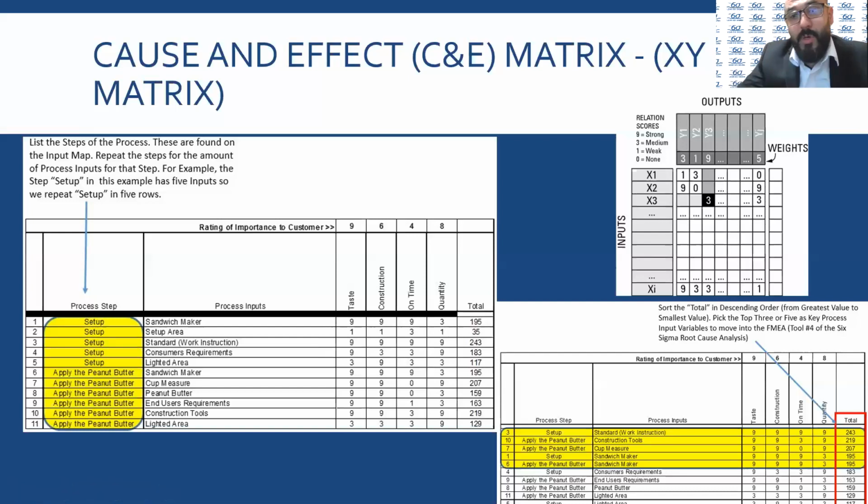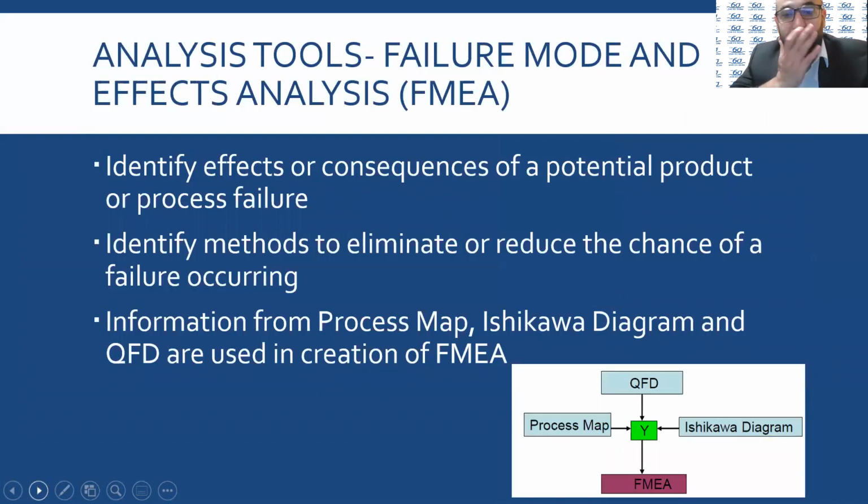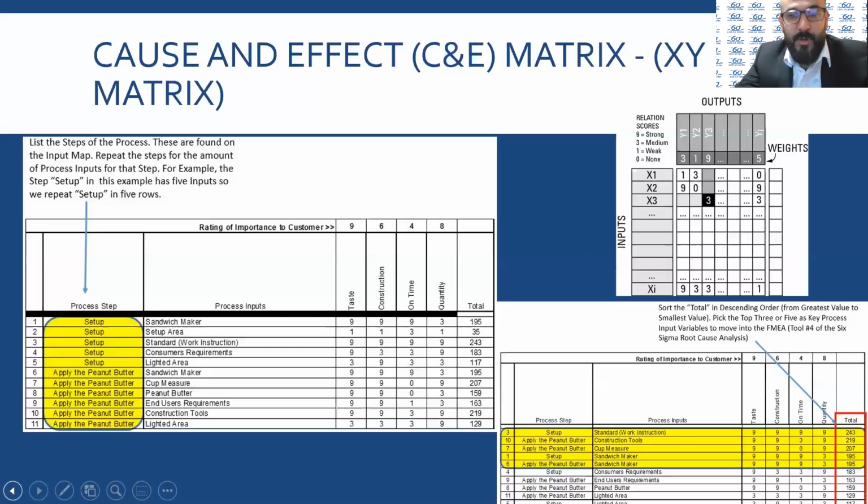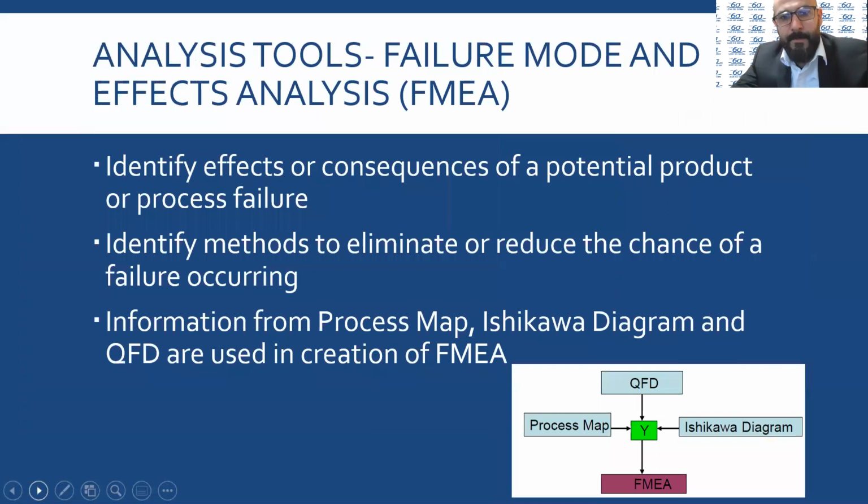We'll take more details, or this is applicable to the QFD function, or quality function deployment, where we talk about more matrices to apply the customer voice, or the voice of the customer. Very similar process, very similar matrix, and we will talk about that in more detail. Now the next tool that we're going to talk about is called the FMEA, which stands for Failure Mode and Effect Analysis.